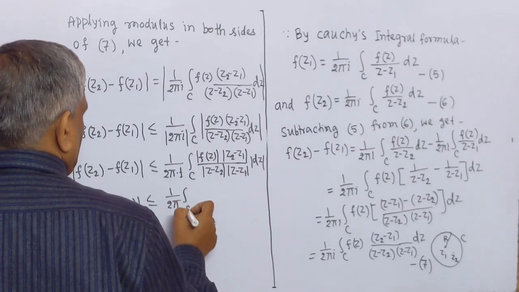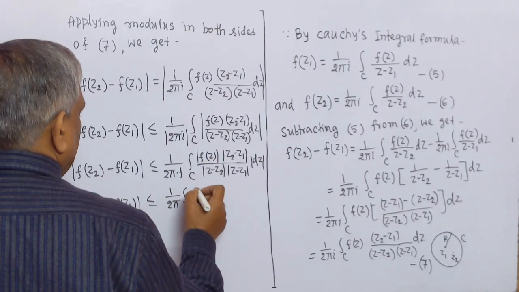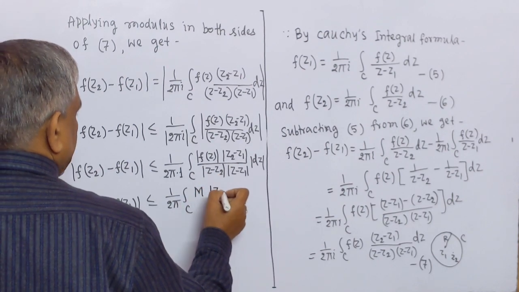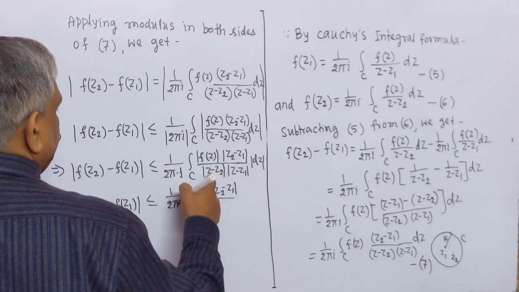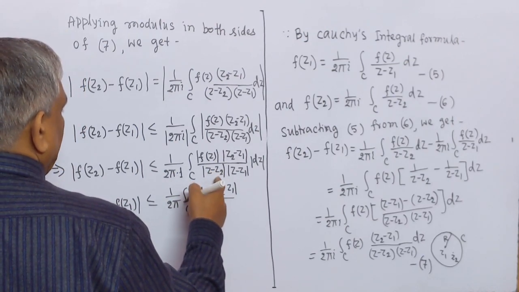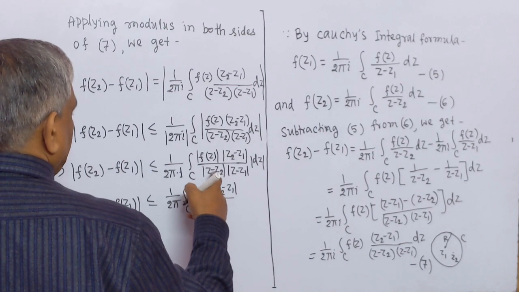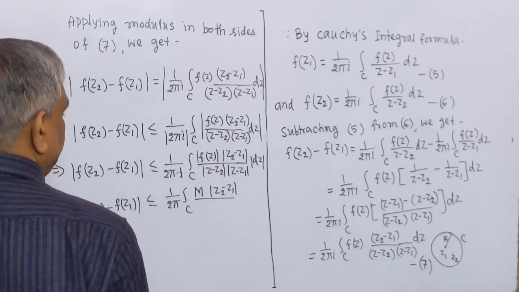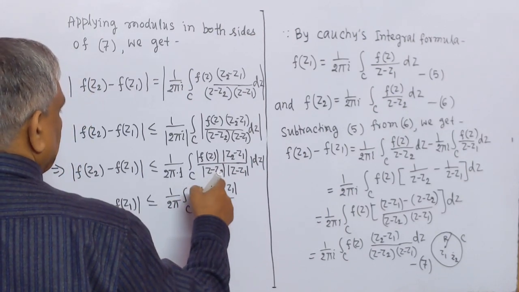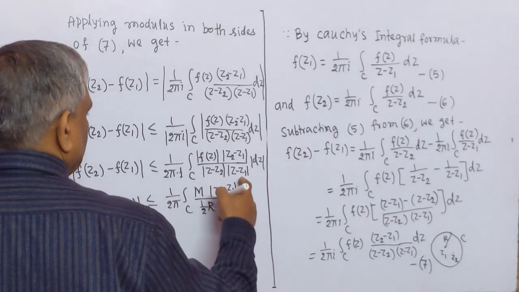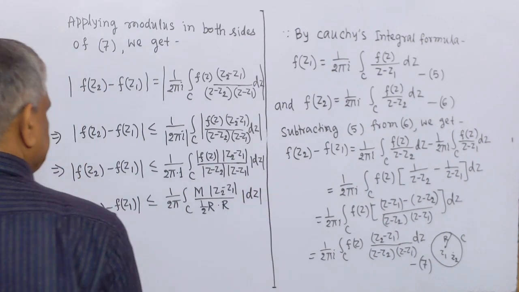Here modulus of f(z) is less than or equal to M, times modulus of z2 minus z1. Since modulus of z minus z2 is greater than or equal to half r, in this place if we write the lesser quantity, the right side will be greater. So here we write half r, which is less than modulus of z minus z2, and this is equal to r, modulus of dz.